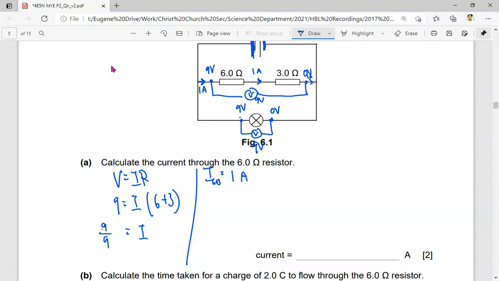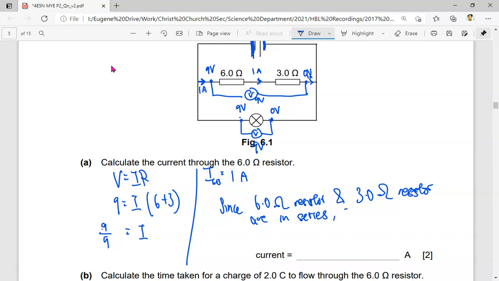So what I can establish is that since the 6 ohm resistor and 3 ohm resistor are in series, the current flowing through both of them is the same.